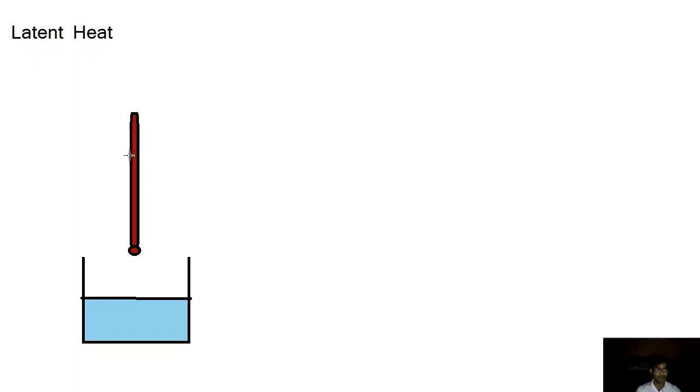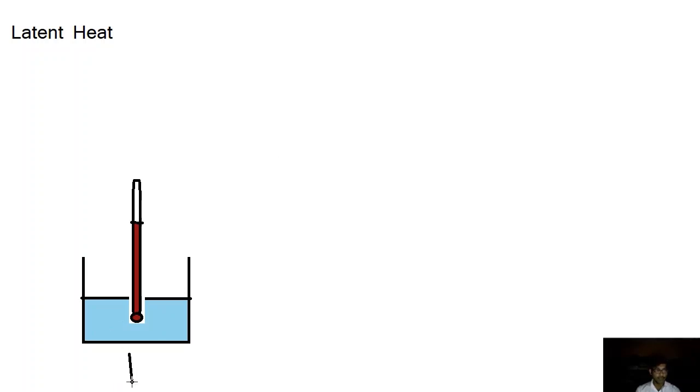Okay. So what we are going to do is put this thermometer into this water like this. And after we have put the thermometer into the water, we are going to heat this water.